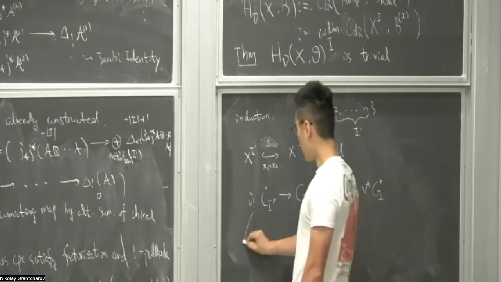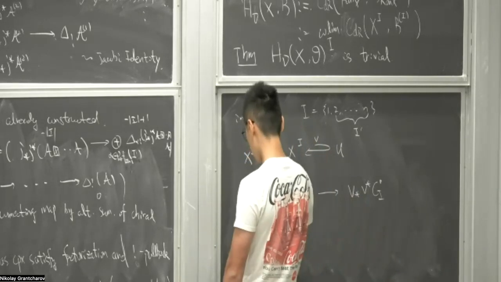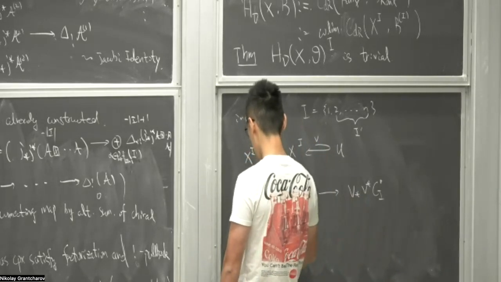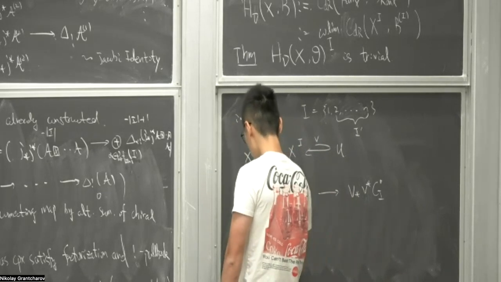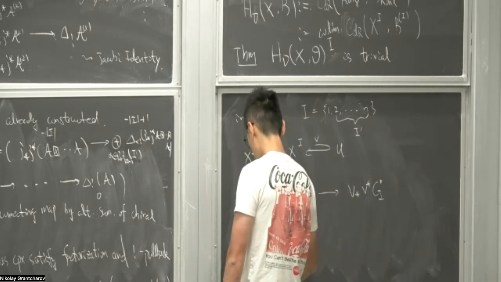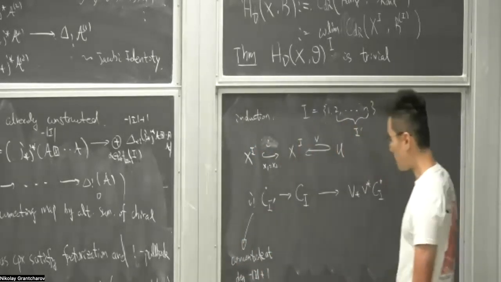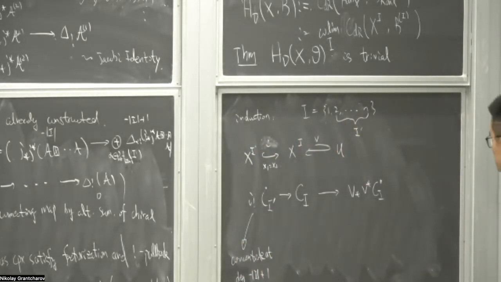The induction tells you that this is concentrated at degree +1, since I prime is one element less.